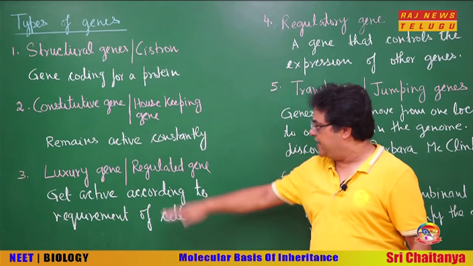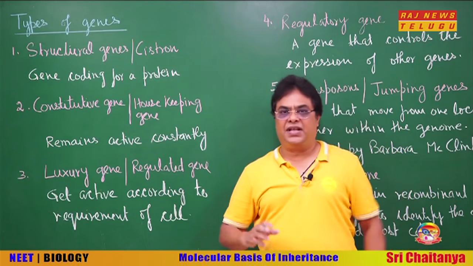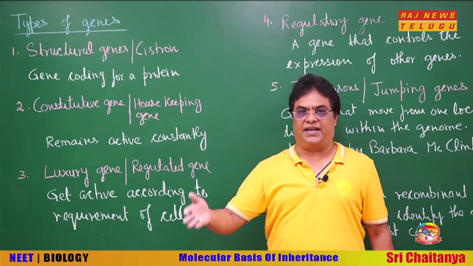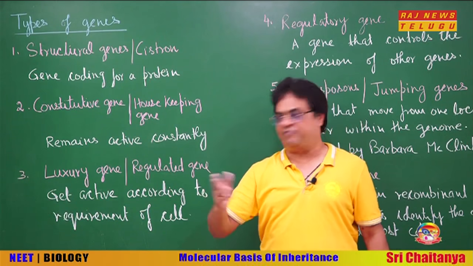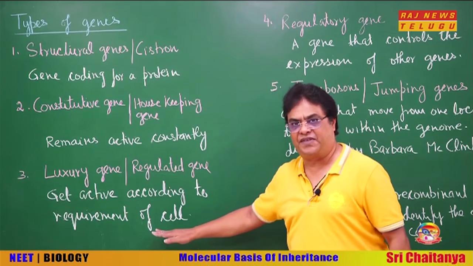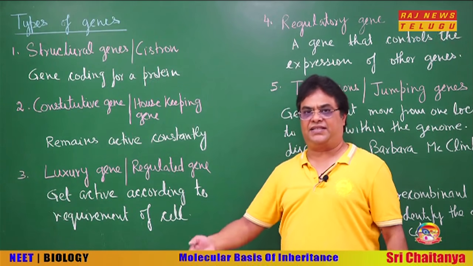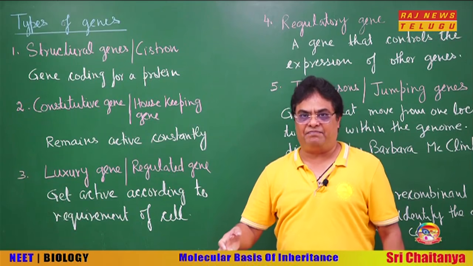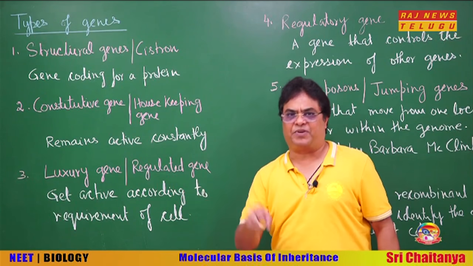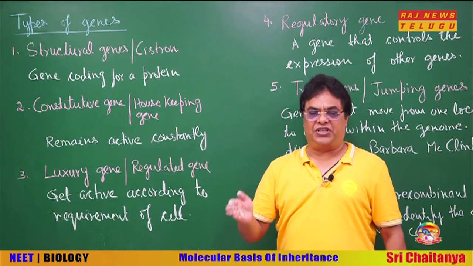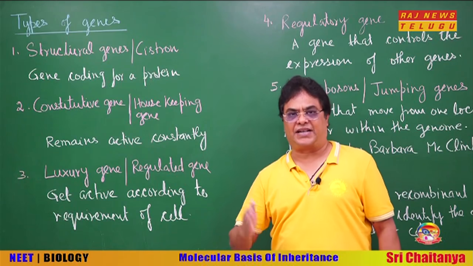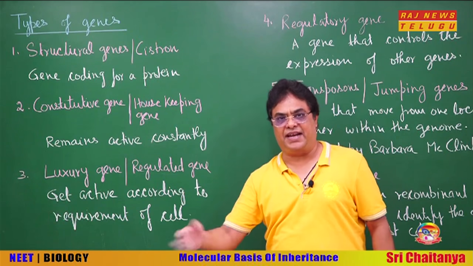On the contrary, there are certain genes that are not always active. Their activity is regulated. They have a switch on and switch off mechanism. So, they get active according to the requirement of the cell. When the cell requires, then they will become active. For example, in Escherichia coli, if lactose is not present in the surrounding, the genes that are required for synthesizing enzymes for lactose digestion will remain inactive.